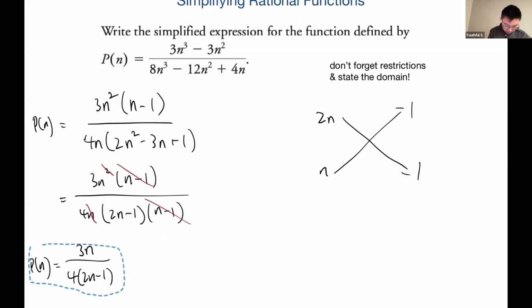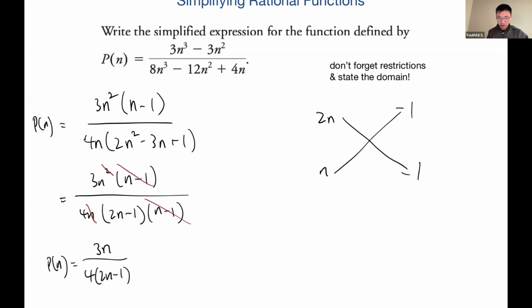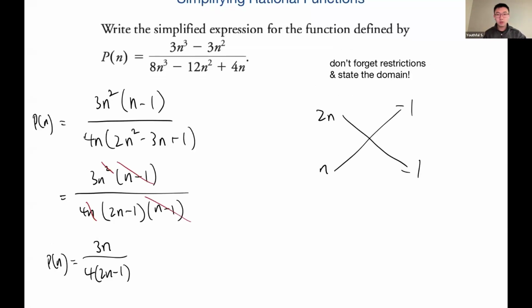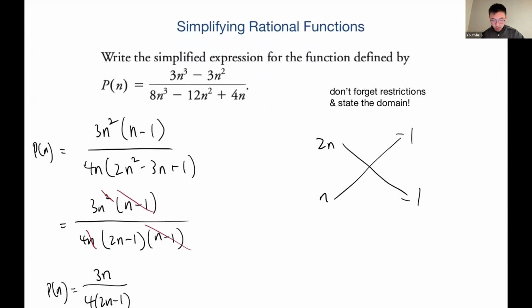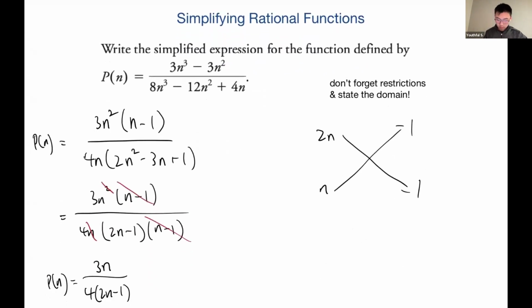I'm just going to move it to the side a little bit. Okay, and then I also wrote here, don't forget restrictions and state the domain. So the restrictions to a function are basically, I guess, the values that don't exist. So when we say, for example, there's an asymptote, right?